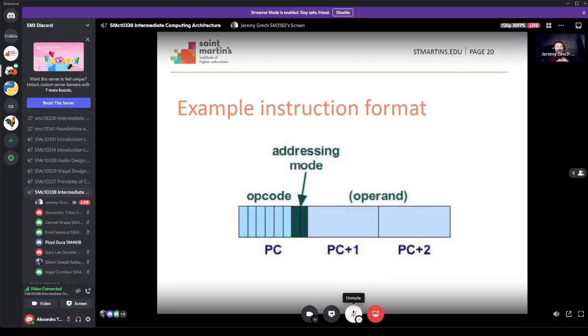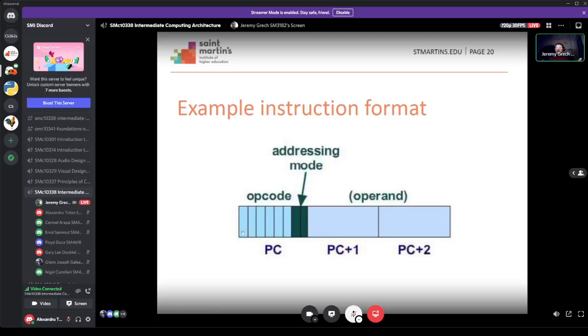Not exactly. Can you repeat that last part, please? Yep. So essentially, what we're saying is that the program counter will only point to the byte which contains our opcode within it. It doesn't need to point to the entire instruction. It's just going to point to the portion of the instruction which contains the actual instruction.